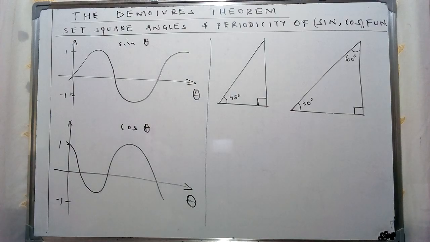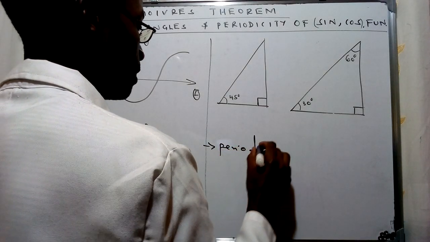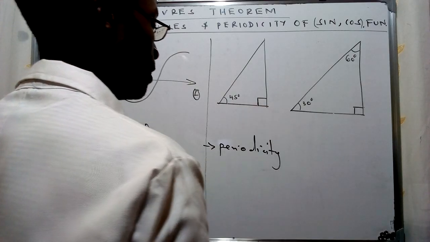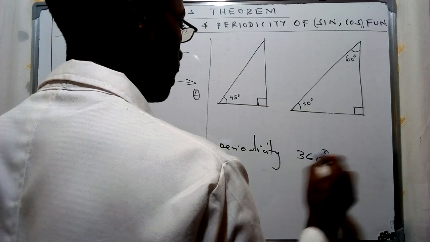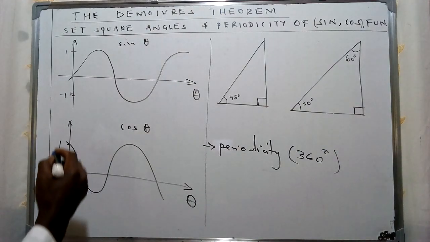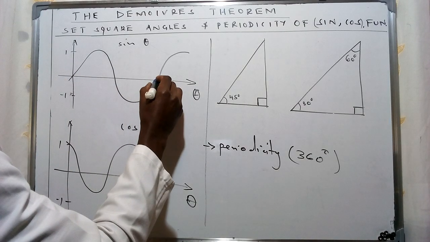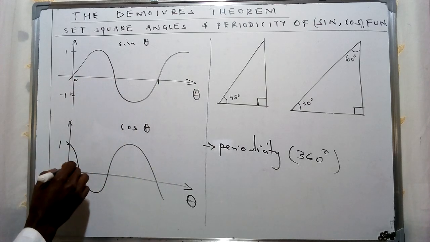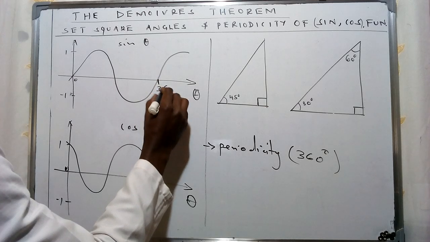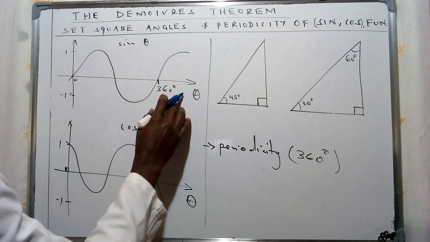So in a sense, I've just mentioned this term periodicity. Periodicity is basically referring to the repetitive nature of this wave at an interval of 360 degrees. In this case, we are going to have this particular cycle for the sine function from 0, which is going to form our reference, and then we shall have this complete cycle at 360 degrees.